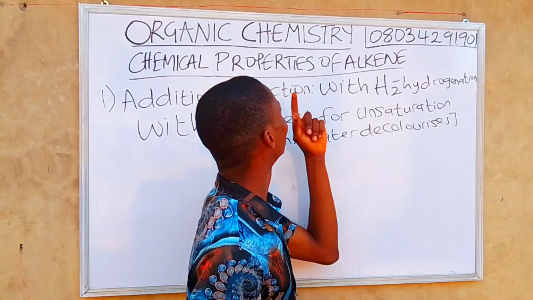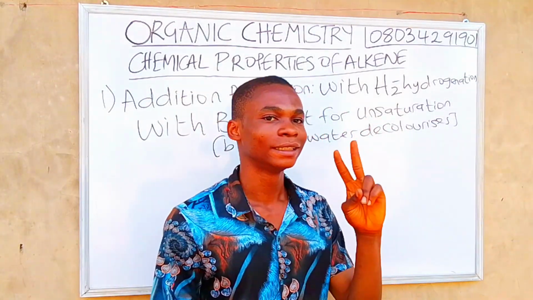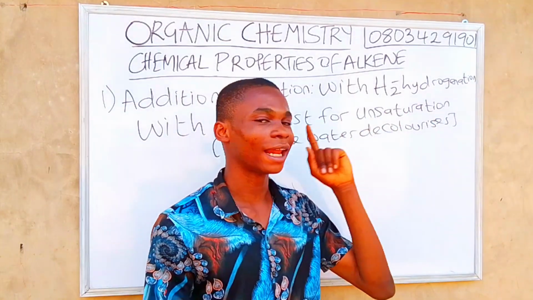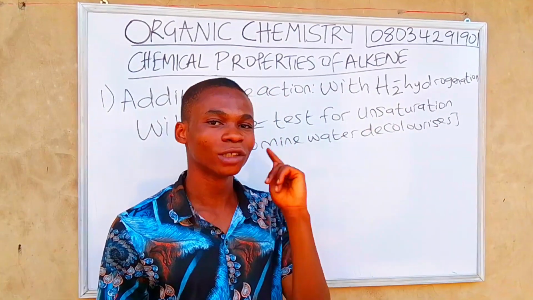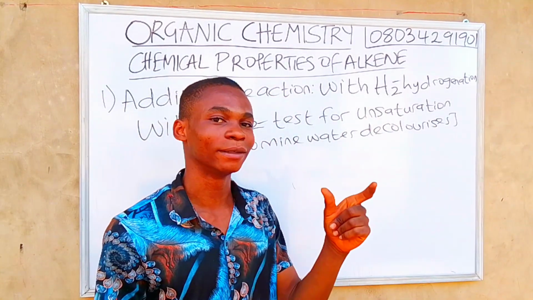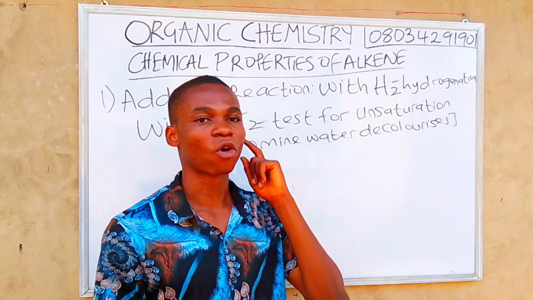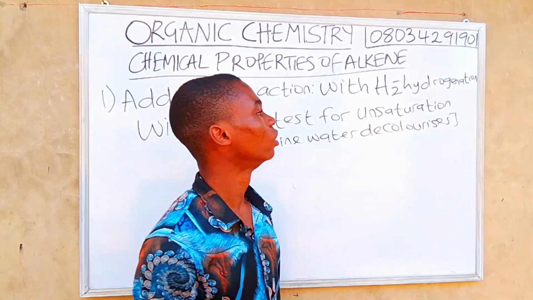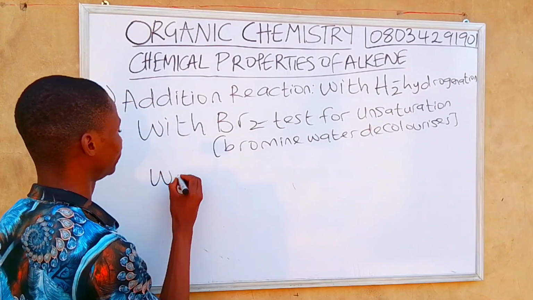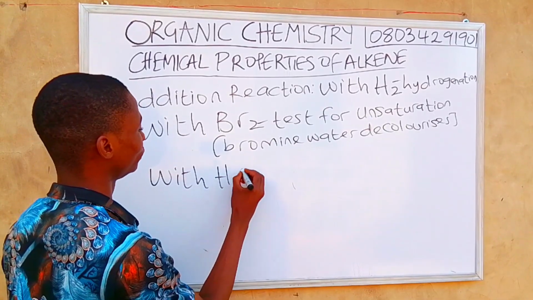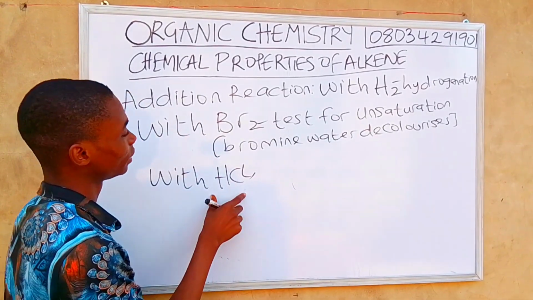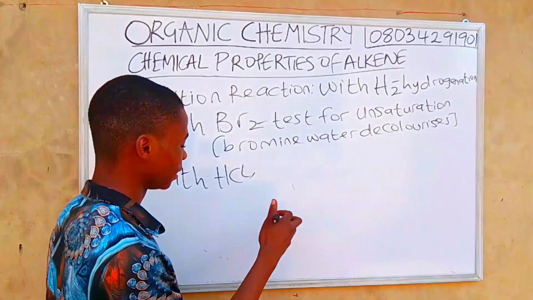As we all know that alkene and alkyne are unsaturated hydrocarbons, while alkane is saturated. Don't forget all these concepts. It is very essential.